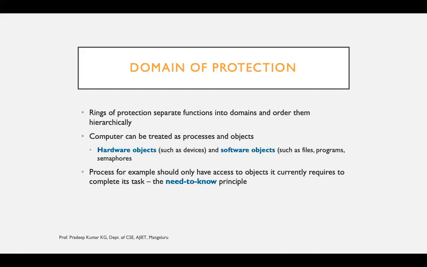Same thing we can relate with separate functions. With respect to a computer, a computer can have a number of hardware objects and a number of software objects. The computer must give protection for both hardware objects such as IO devices and software objects. Software objects are either applications, or whatever documents you have.